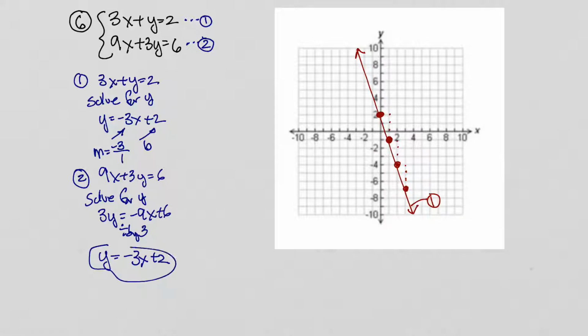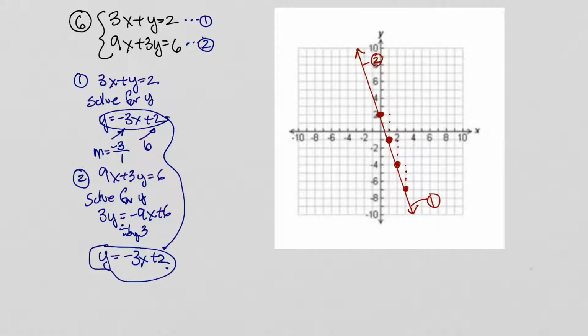But look at this now. This equation here is identical to this equation here. So when I graph this second equation, I'm going to get exactly the same line. So not only is this line 1, but it's also line 2.